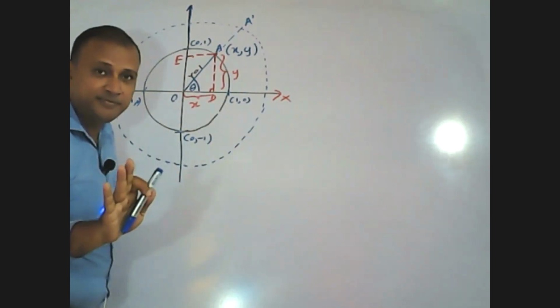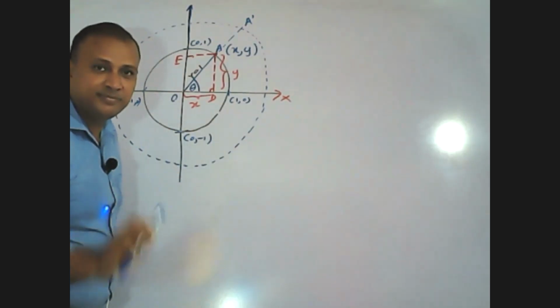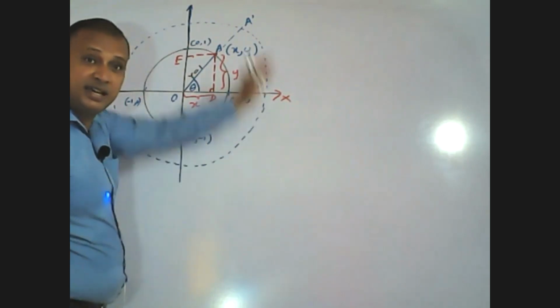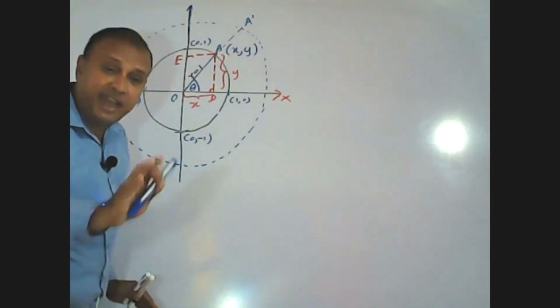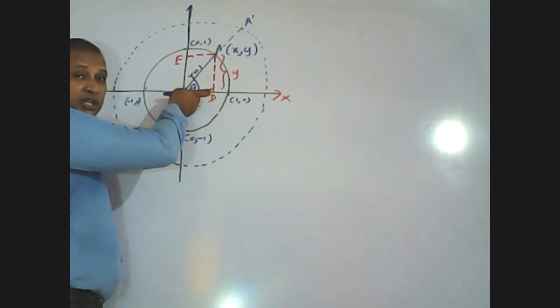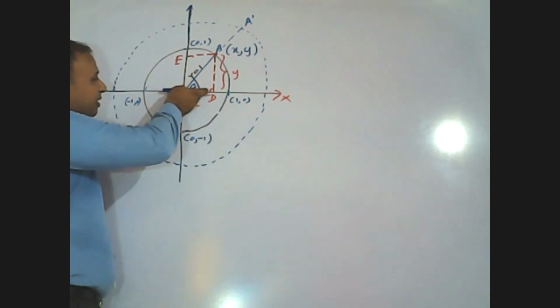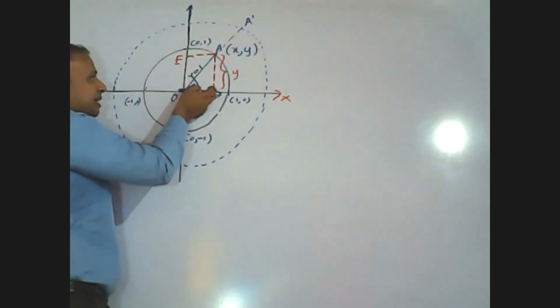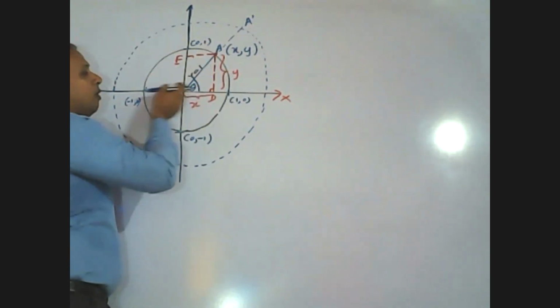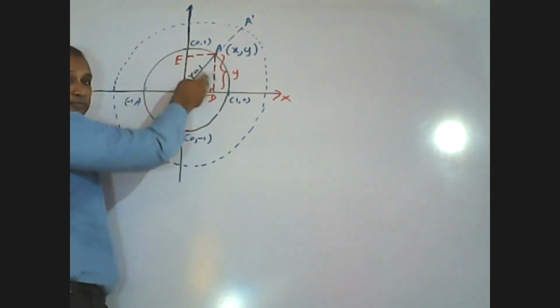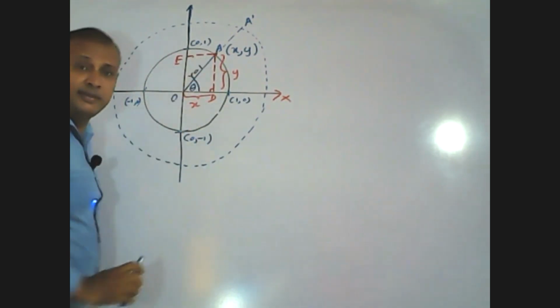Do you understand? If I use a large circle, and I want to find the rotation of theta, I have to rotate the OA dash line segment from OX to A dash.